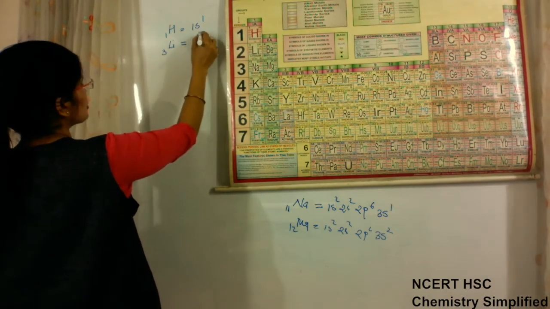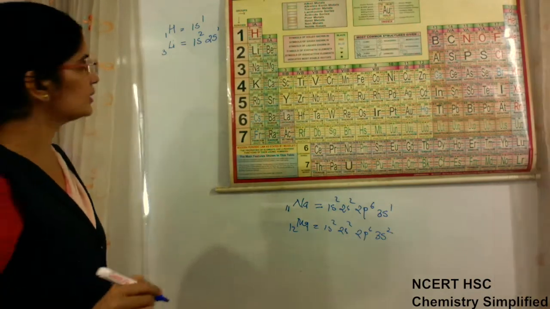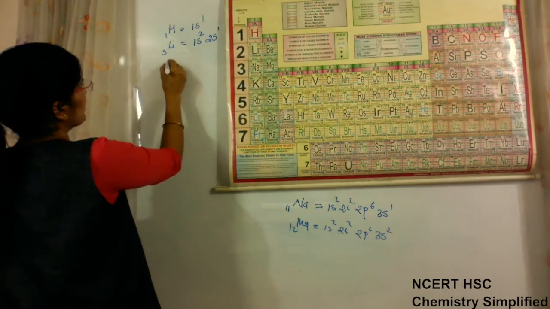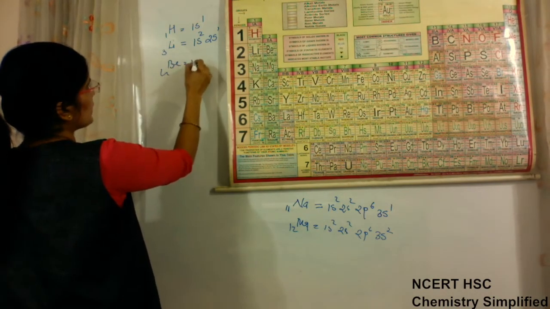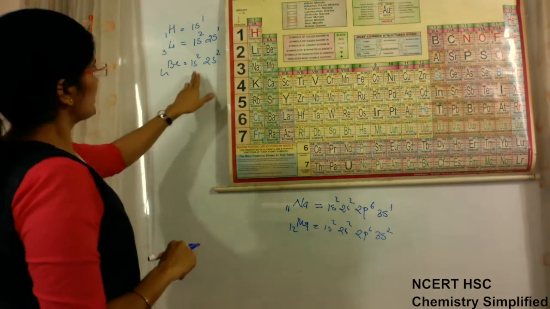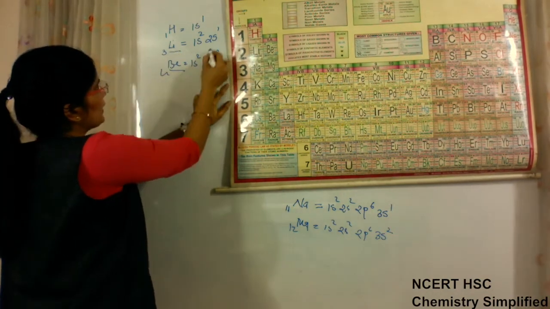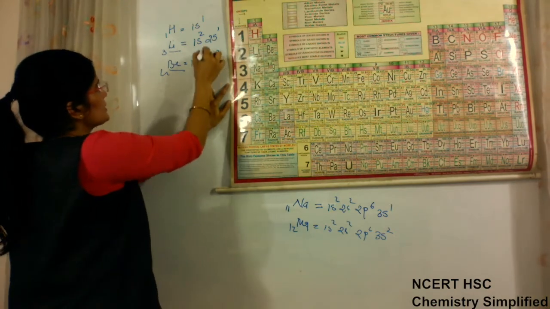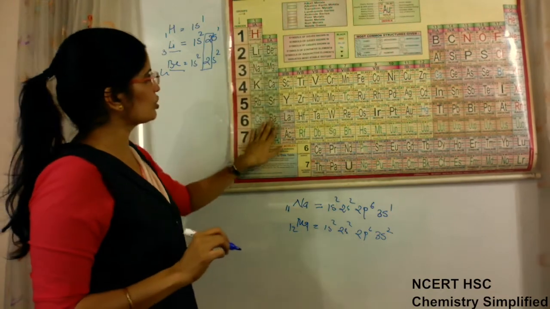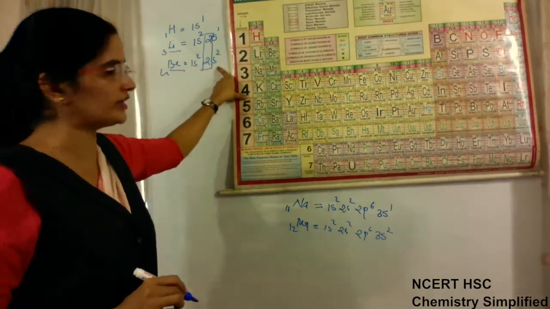Configuration is 1s2, 2s1. Clear? Beryllium is 4, so it is 1s2, 2s2. Clear? In both lithium and beryllium the last electron is going in the second shell, and because they belong to S block, the electron enters the S subshell.